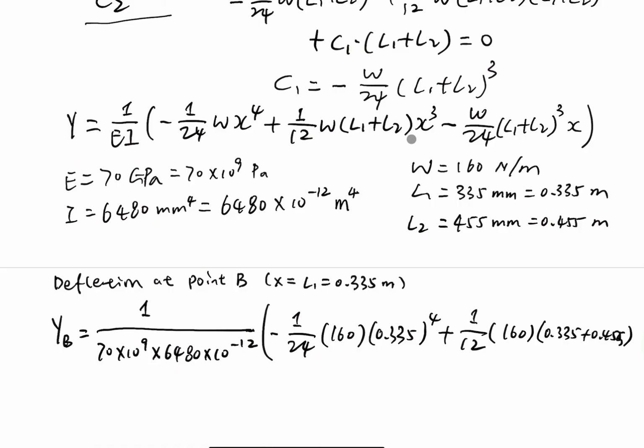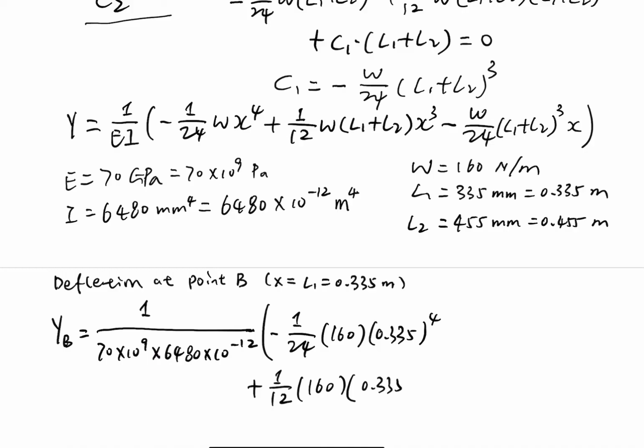Then we multiply by x cubed. So we move the second term over here: 1 over 12, 160, (L1 plus L2), times x cubed, 0.335 cubed.